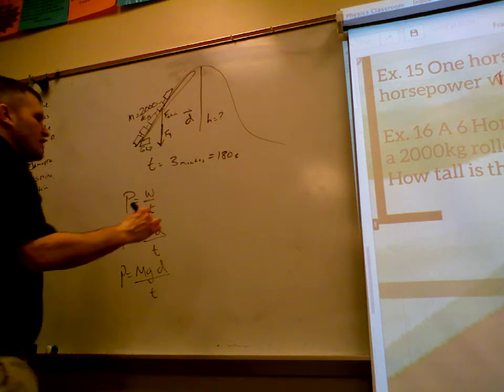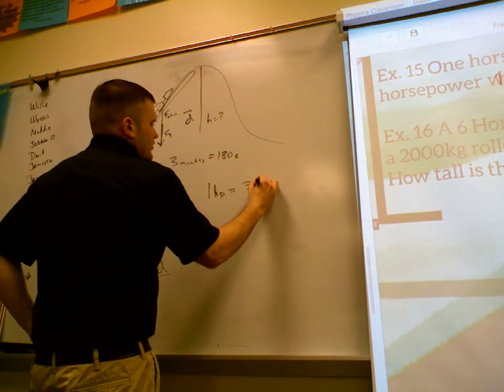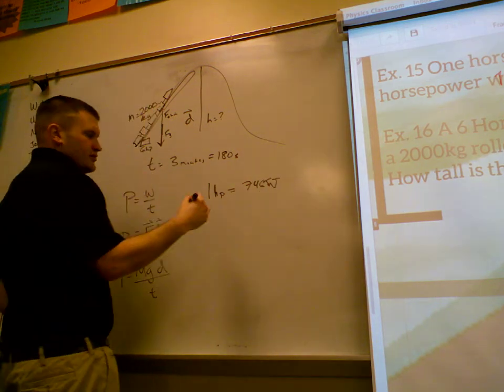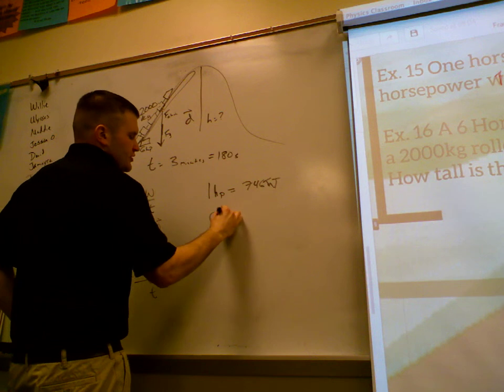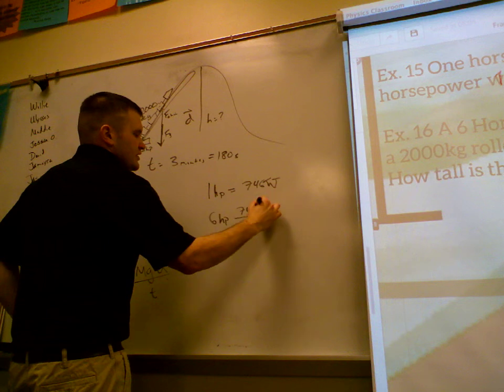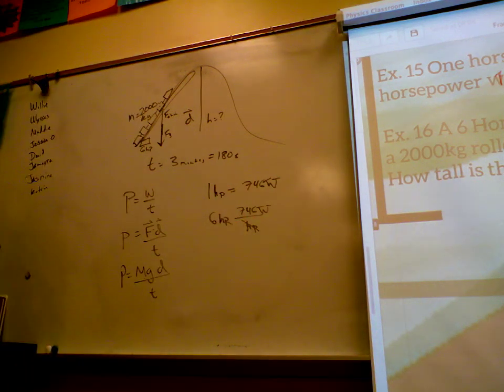Into watts, good. So we know 1 horsepower equals 746 watts. So I can turn my horsepower into watts by multiplying by 746. Your horsepower will cancel. So how many watts is that?